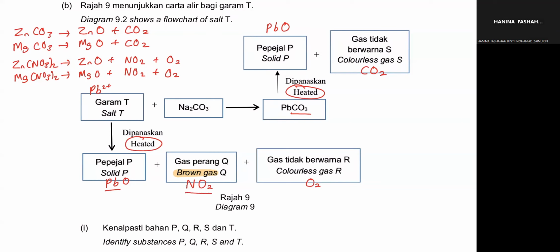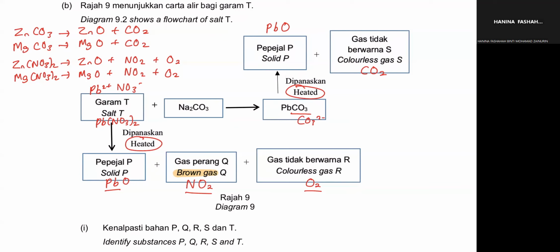You got nitrogen dioxide and oxygen, so the anion is nitrate. There are only two types: nitrate salt or carbonate salt. This one is carbonate salt. So that's why the formula is Pb nitrate. You get 5 marks, but if you cannot recognize it, then you lose all the marks.